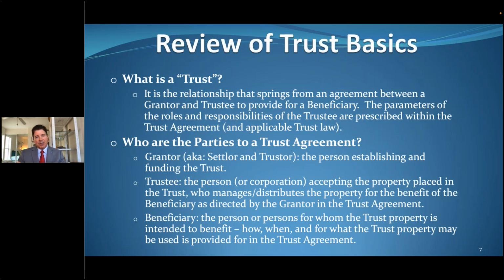They say, I'm going to accept this, I sign for it, and I promise to manage this property for the benefit of the beneficiary, as directed by the grantor, not in the discretion of the trustee unless the trust says that, which many times it does, but we're going to talk more about what a grantor can do to make sure that the trust is clearly understood as to the grantor's intentions.